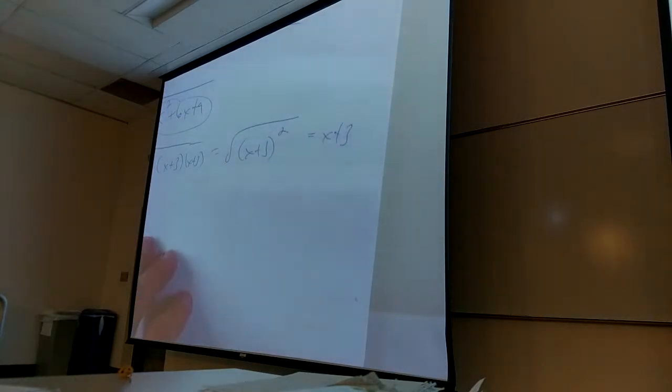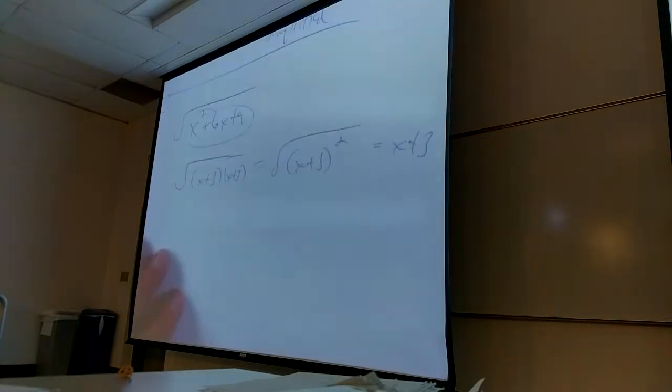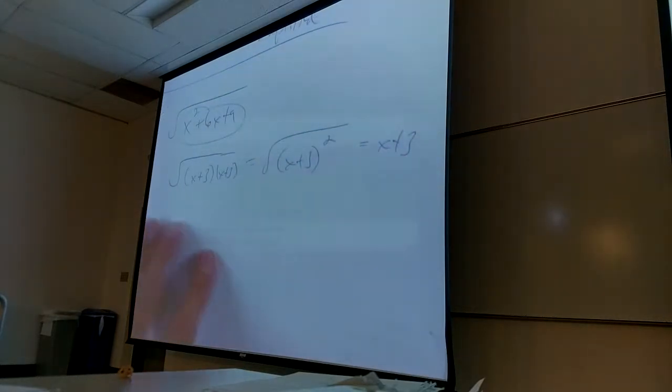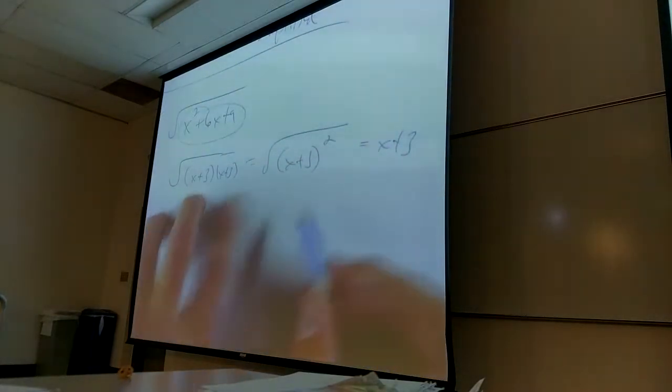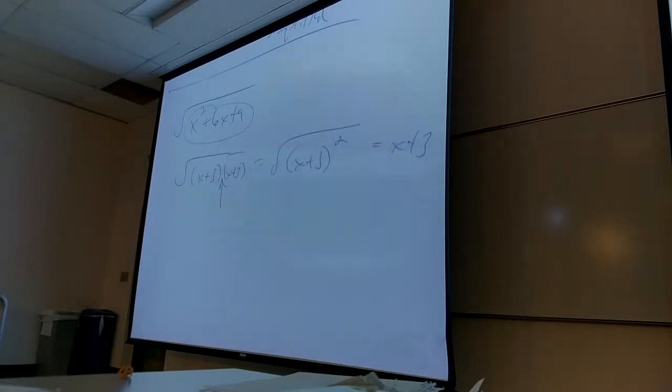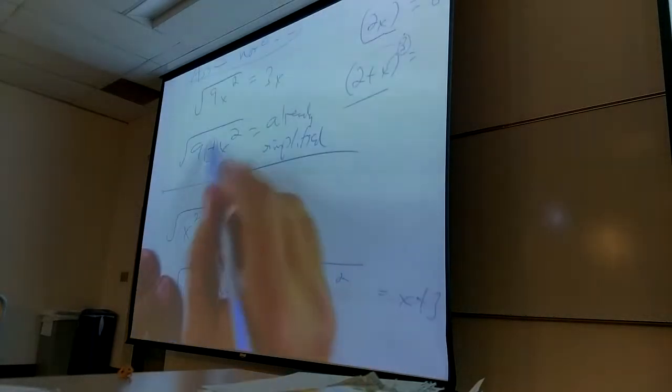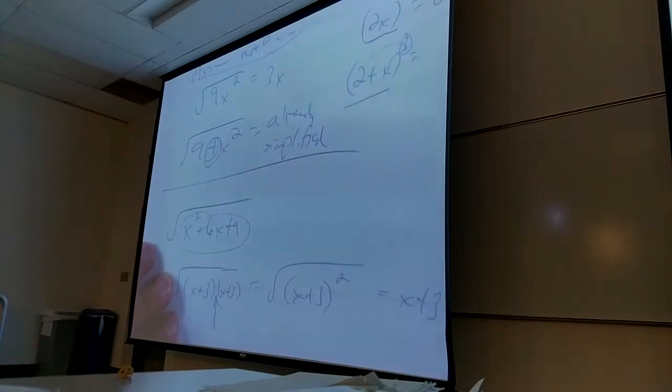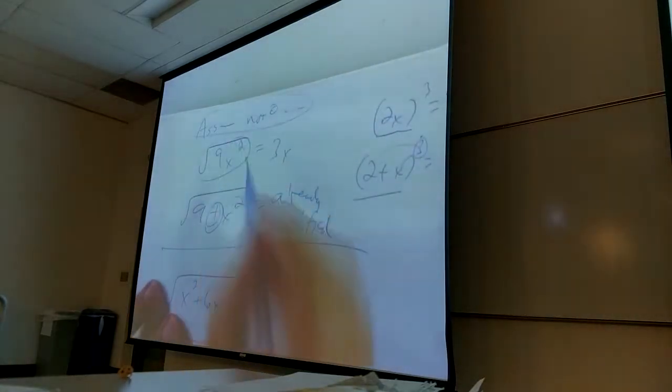Wait, so you can do that there? Of course I can. Because what's the operation right there? Multiplication. I can rip that multiplication apart. That's what roots want to do. They want to break it up. If it's multiplication, it can't do anything to addition. That's not how it works. That's why I can do this one.